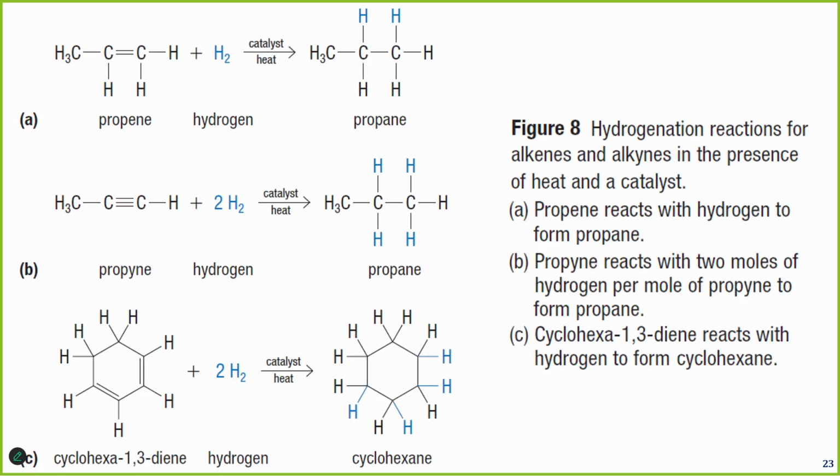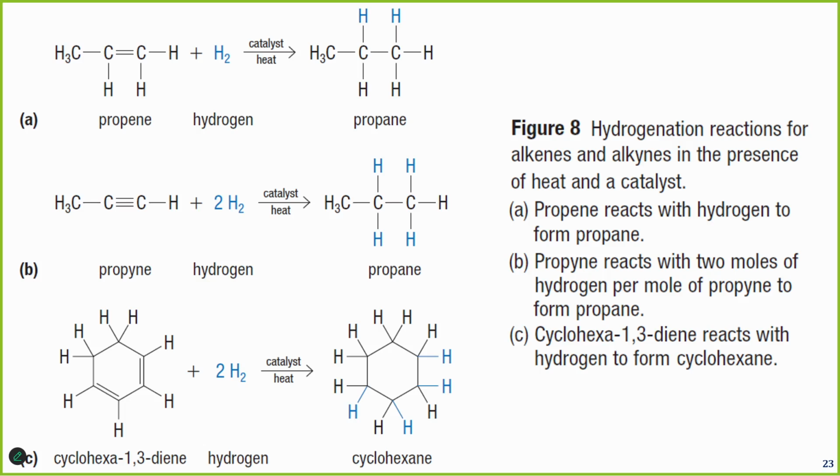And hydrogenation, in which hydrogen atoms are added on either side of the multiple bond, can occur with alkenes, alkynes, or cyclic alkenes. These concepts are illustrated in figure 8 here. So figure A shows propene reacts with hydrogen to form propane.